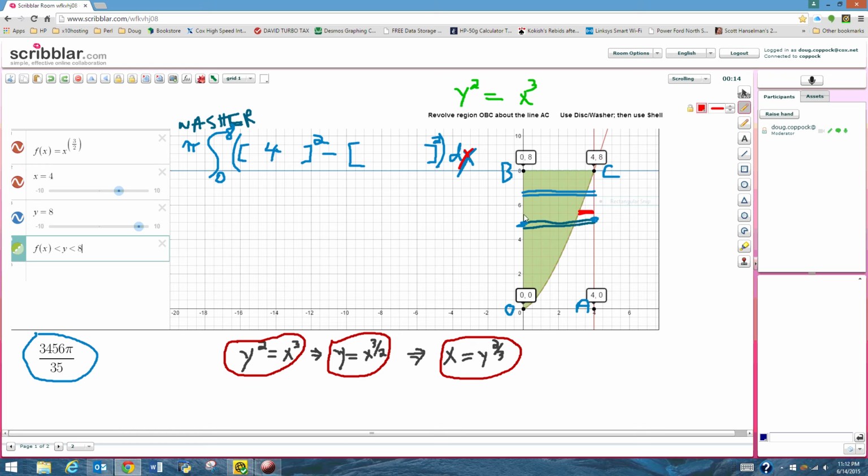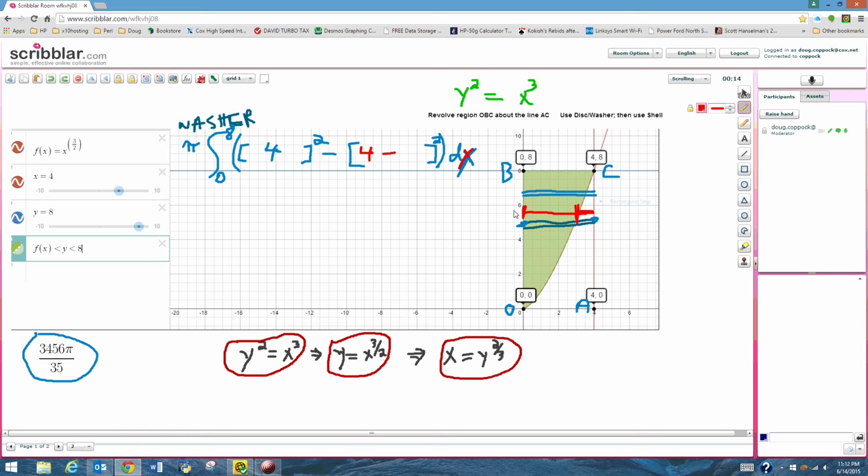If I could take this entire distance and subtract this distance, I would have this little distance right here. Okay, so the entire distance is 4. The question is, what is this distance?